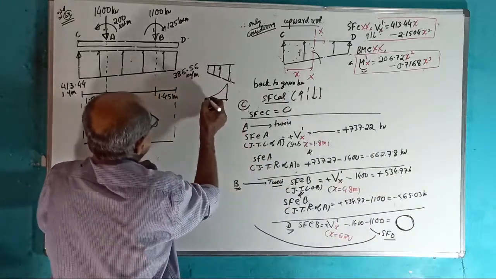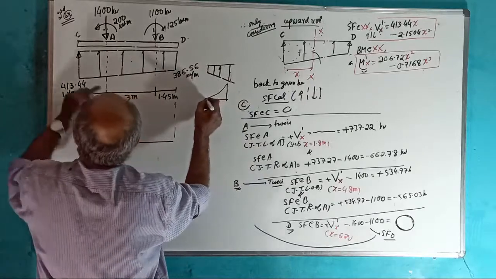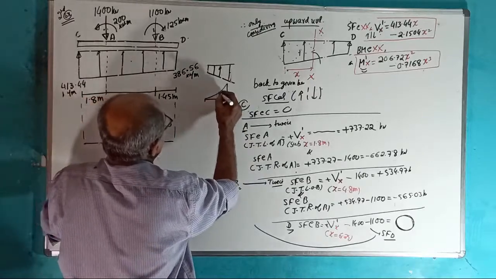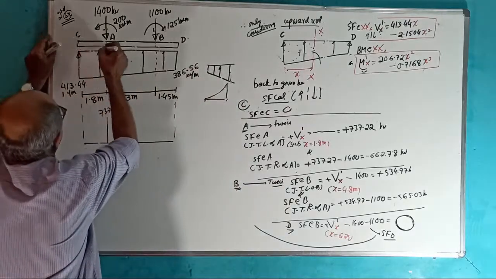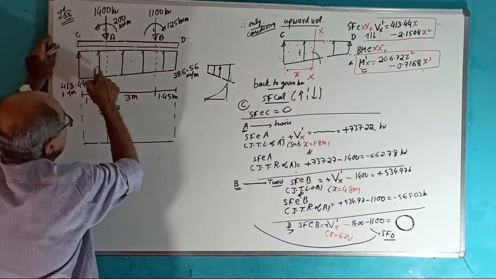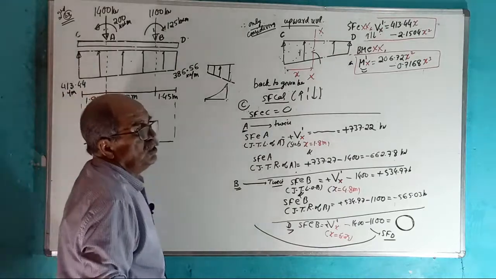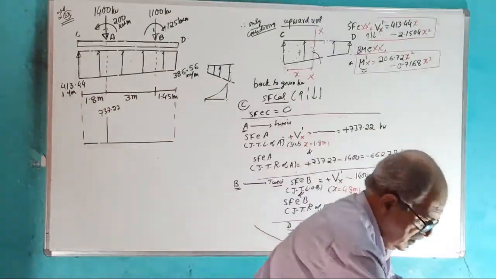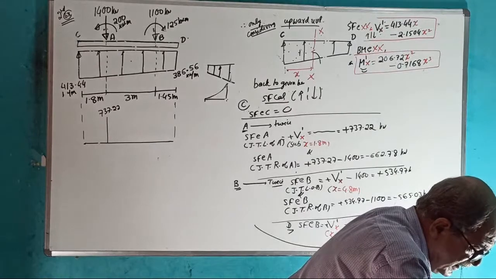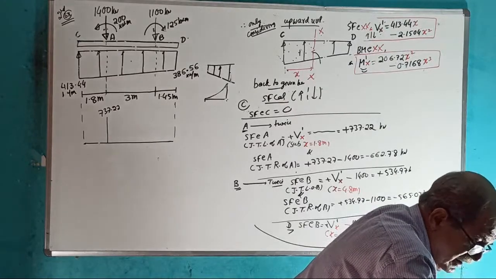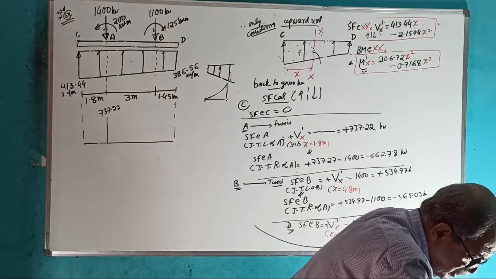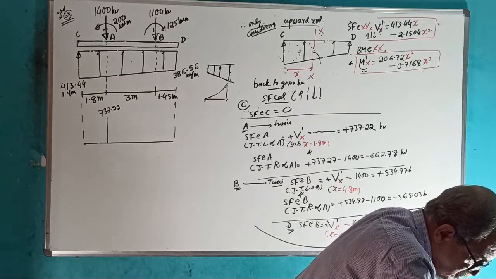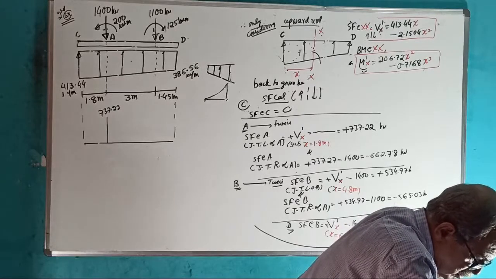Remember? Here the slope is small, and as you go here, the slope increases. But this time, as you go this way, the intensity reduces. Therefore, in today's question, the slope should decrease.